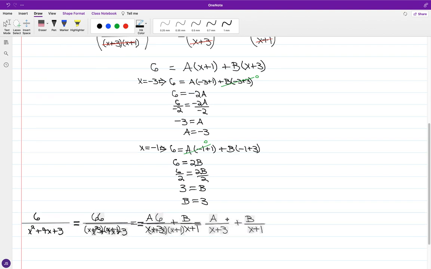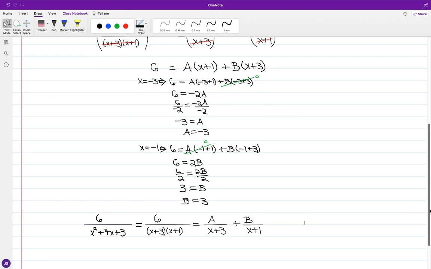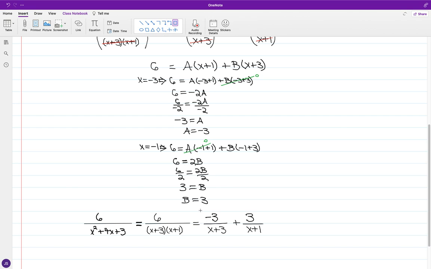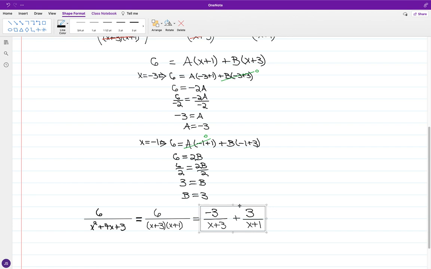And now, in filling in terms of the fractions with these factors for individual denominators, that will add up to 6 over x squared plus 4x plus 3. It's going to turn out that, with a at negative 3 and b at 3, we're going to come out to negative 3 over x plus 3 plus 3 all over x plus 1. And that will be the result in this case.